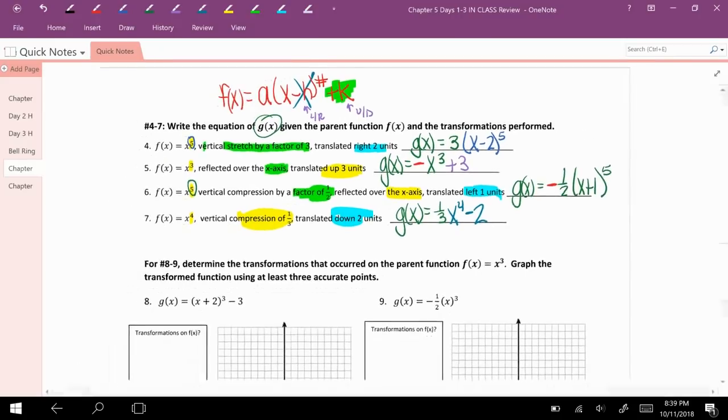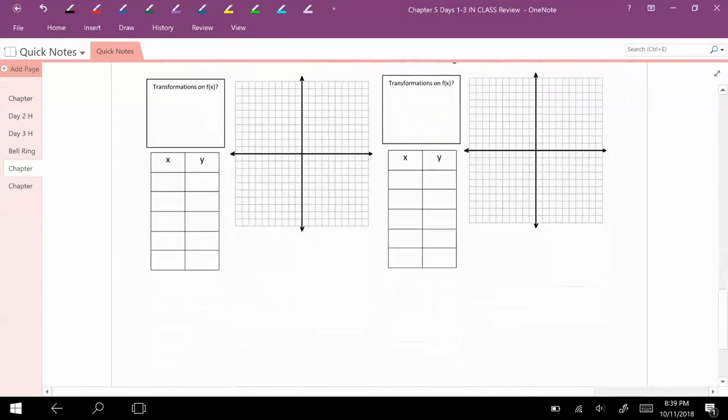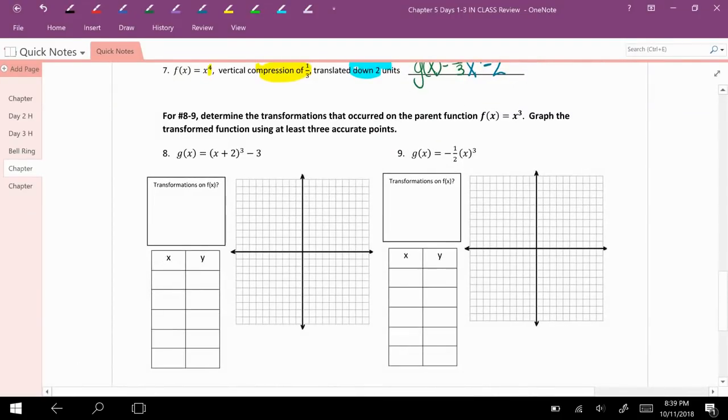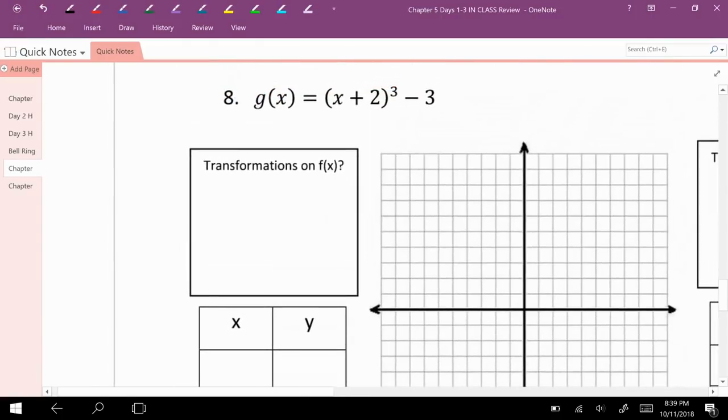Okay, now the last part. I think you guys did really, really good with these ones. Determine the transformations and then graph it. So here we go. There are 2 transformations here. I have this 2 and I have this -3. We have to talk about both of them. The 2 means I'm moving left 2, and then that -3 means I'm going down 3.